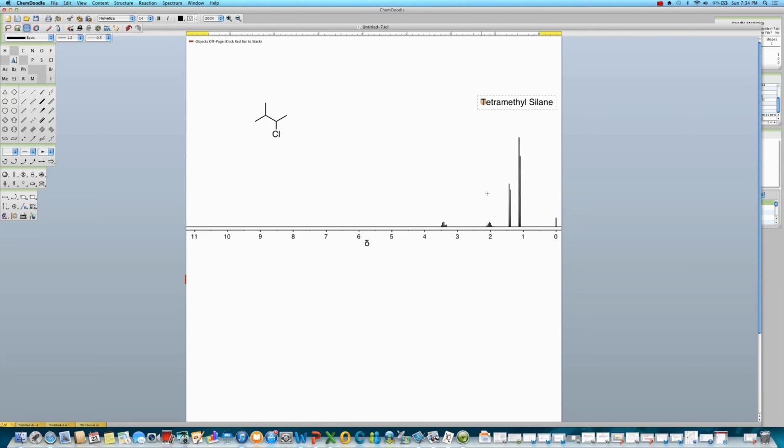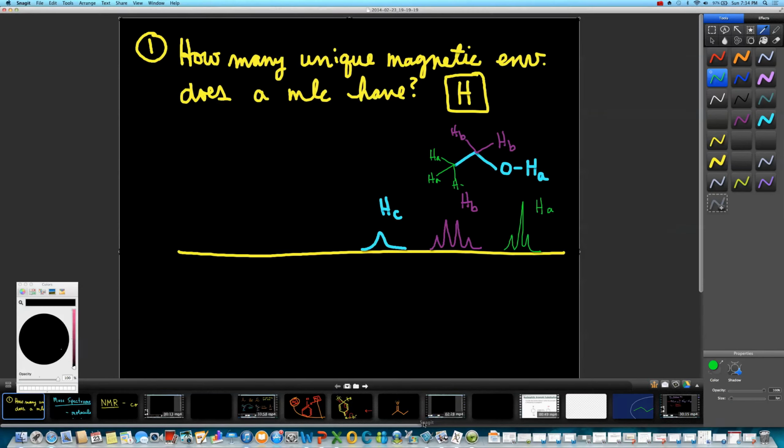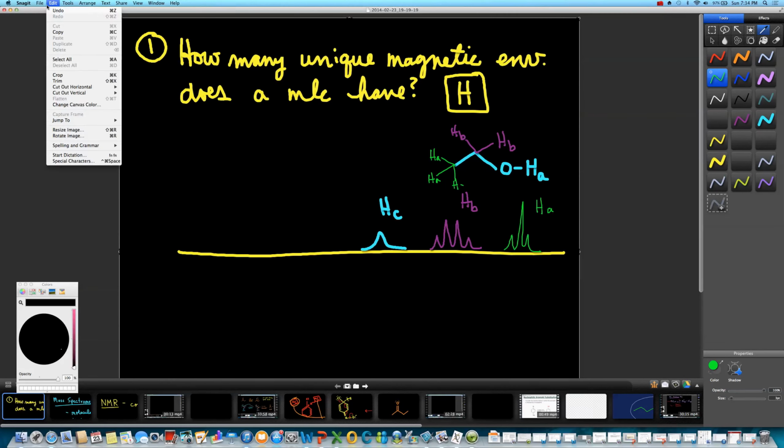Number 3, they are split differently, which means that they are all bonded to a slightly different hydrogen environment in the context of what hydrogens are bonded to the carbon to which the carbon they are bonded to are attached. Let me give you a quick example, and we'll use this molecule. So I'm going to just put up a new slide.